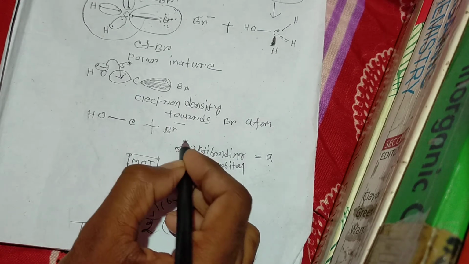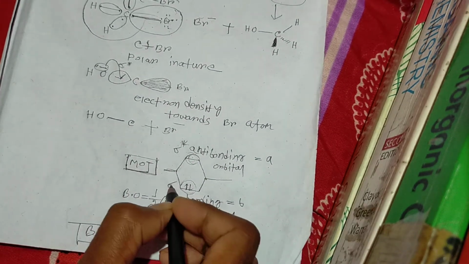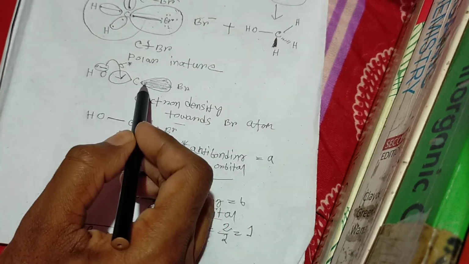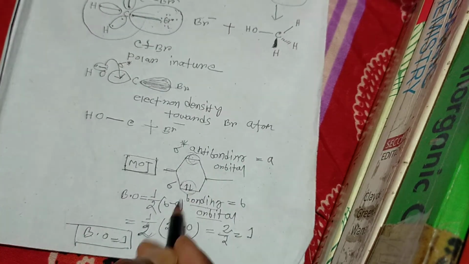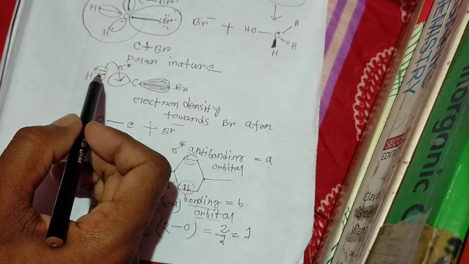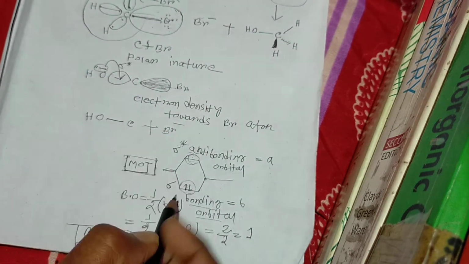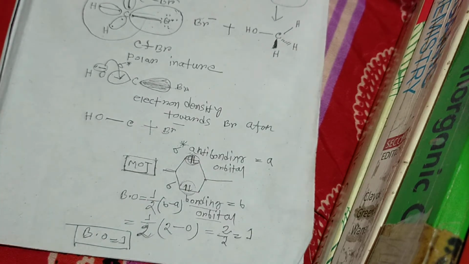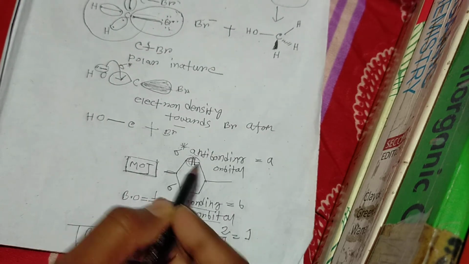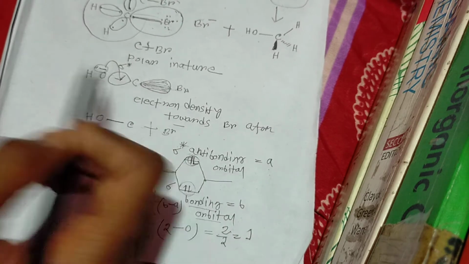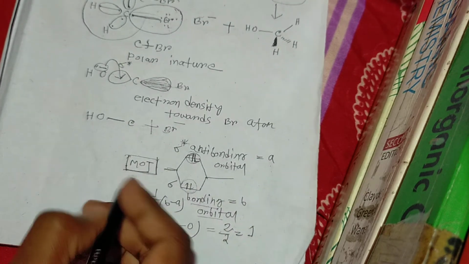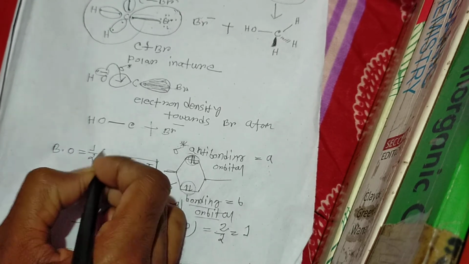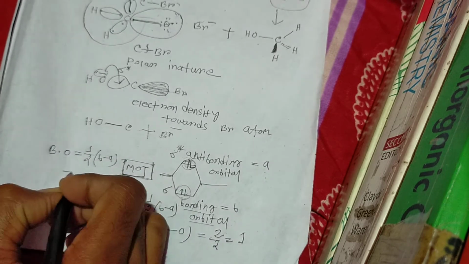Okay, if OH minus gives its two electrons to the vacant anti-bonding orbital, which we denote as sigma star, the bonding orbital is sigma and the anti-bonding orbital is sigma star. Bonding orbital C-Br has two electrons. If OH minus gives its two electrons to the anti-bonding orbital, then obviously the bond order changes, because bond order means 1 by 2 of bonding minus anti-bonding.